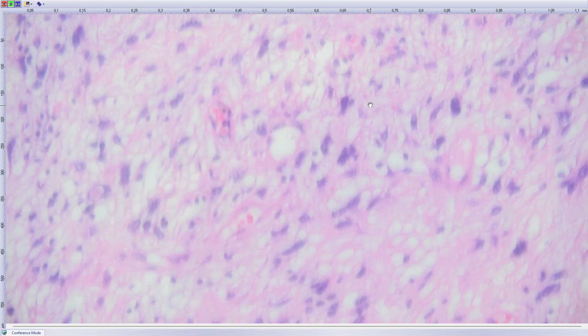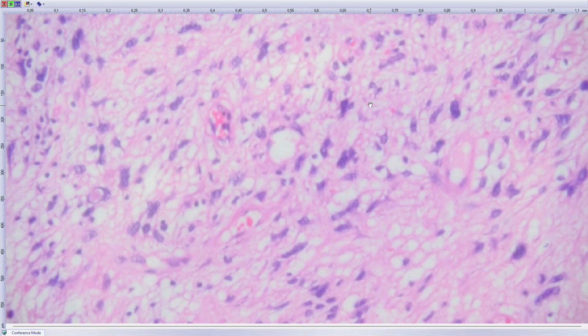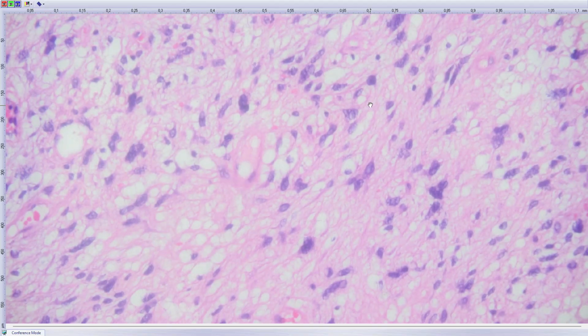You see lipoblast-like differentiation here, yeah? And I have here one of these polyps of vagina and vulva, which are well known from the 60s.